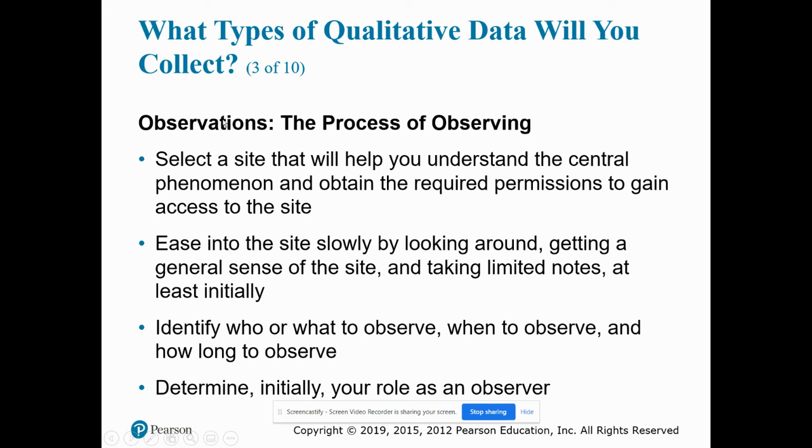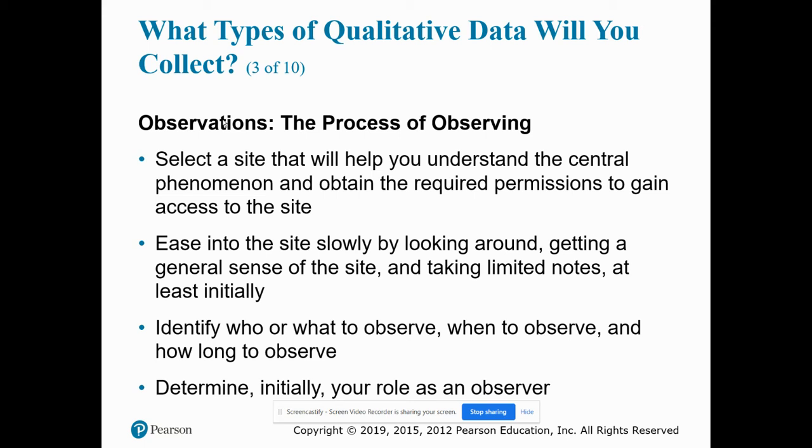So now the process of observing, again, is you're going to select a site that will help you understand the central phenomenon of your study. After you've gained permission from the gatekeeper to get access to the site, and you also have gained permission from the IRB, you get into the site slowly by looking around.